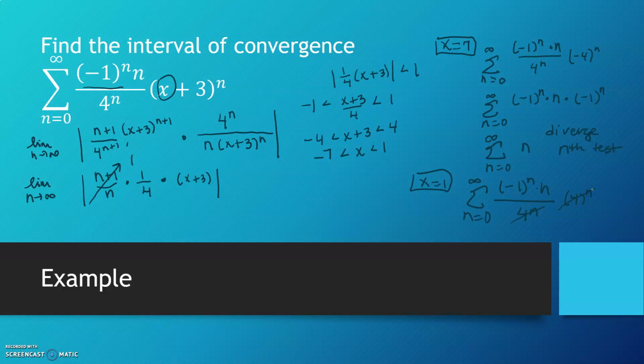And so I do have an alternating series, but it still diverges because of the nth term test. The nth term does not go to 0. So this is true as written. I don't have to include either endpoint. Okay, that is how you find an interval of convergence.